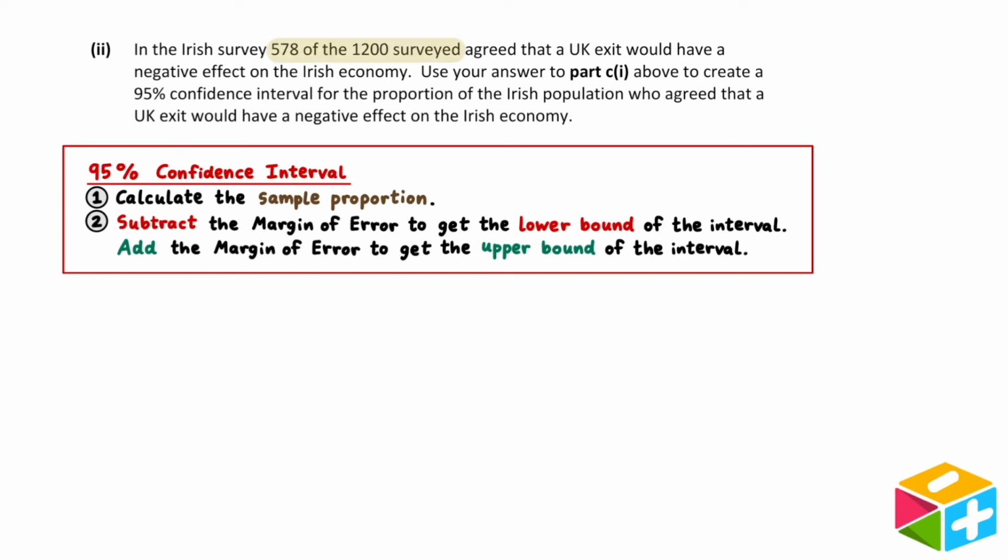We are told that 578 of the 1,200 surveyed agreed that there would be a negative effect on the Irish economy. So here, our sample proportion is 578 over 1,200.